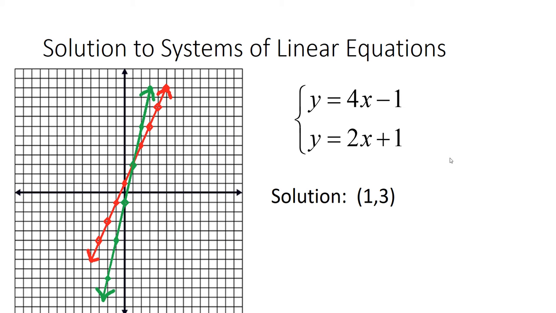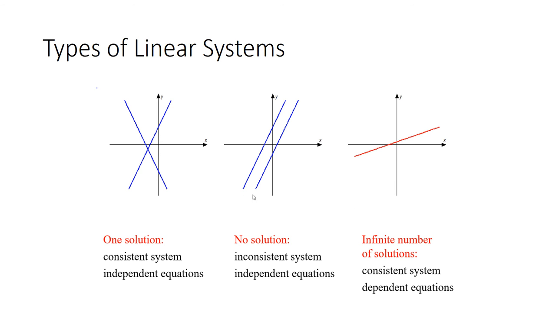We can classify a few different systems of linear equations. There's the situation where we have one solution. We call this a consistent system, because there's at least one solution, the solution being that intersection there. And they are independent equations because the graphs differ from each other.